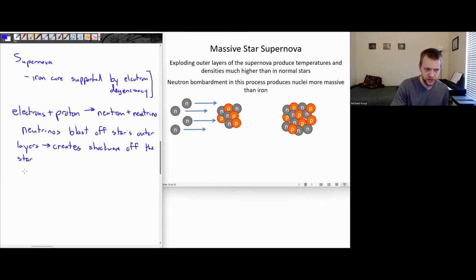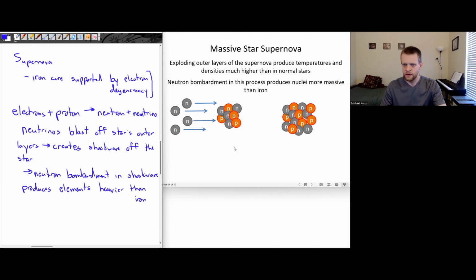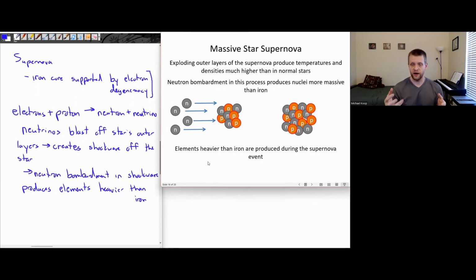So neutron bombardment in the shock wave produces elements heavier than iron. So elements heavier than iron are actually produced during these supernova events.